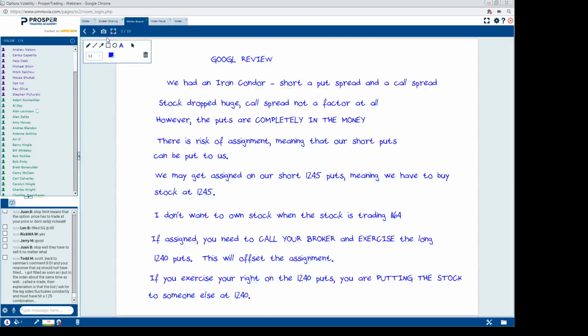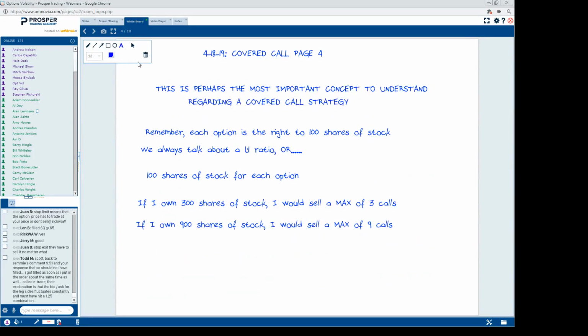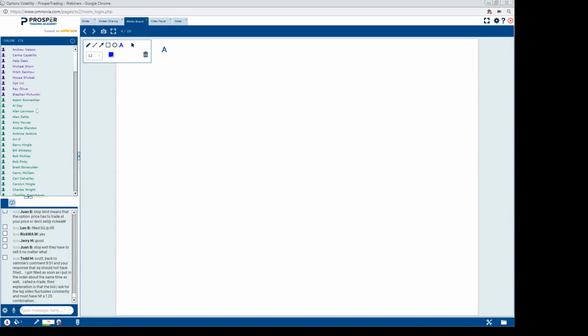Okay, let's get a whiteboard going here. And stop exit versus stop limit. Okay?